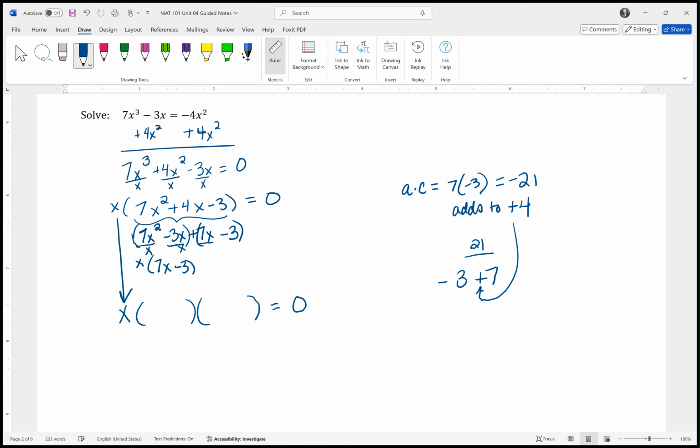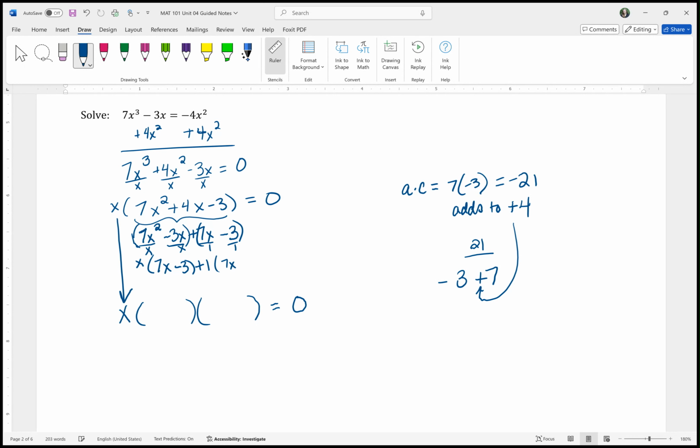Those x's cancel. And then in our second group, we have 7 and 3. Again, nothing in common other than really just 1. And normally I say don't put the 1, but here it's nice to see it. So we're going to put the 1 here. And remember that an x does not come out here because only the 7x has an x in it. The 3 does not. All right. So really, if I divide it by 1, I'm just getting out the same thing.